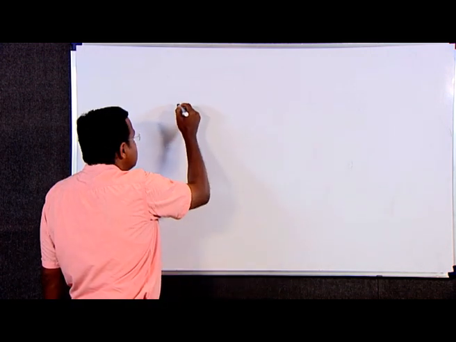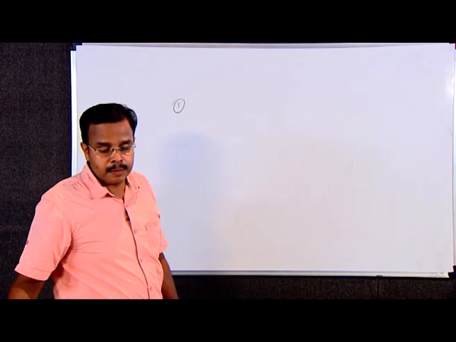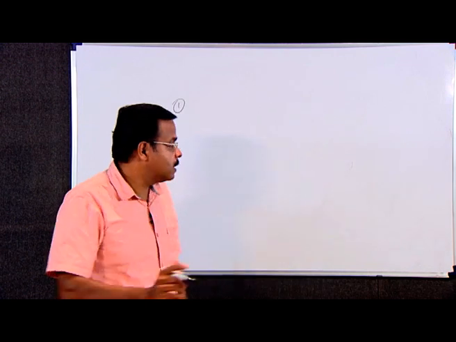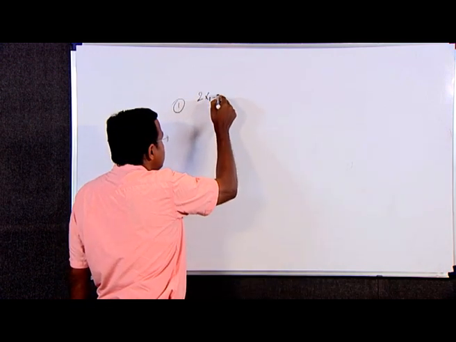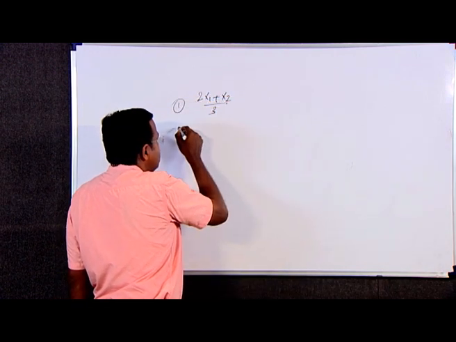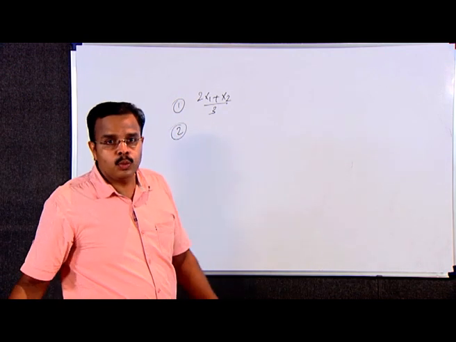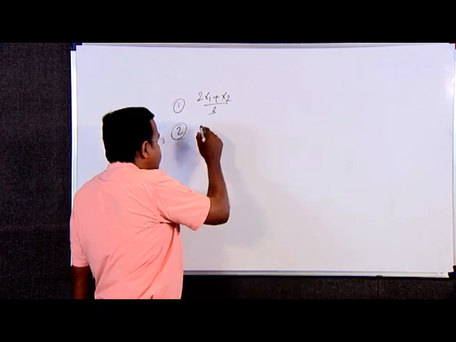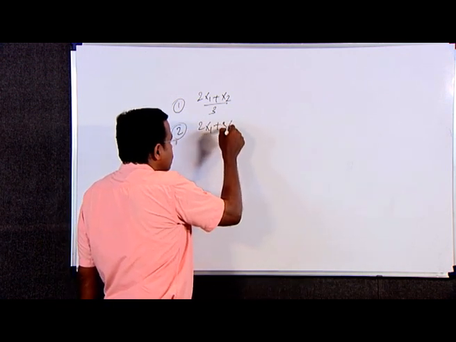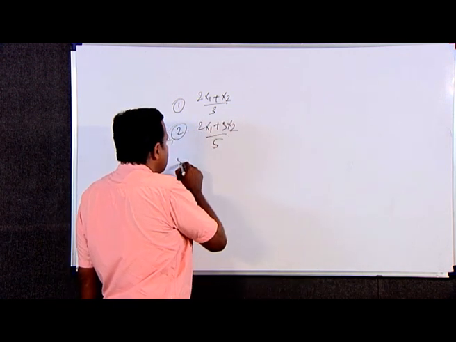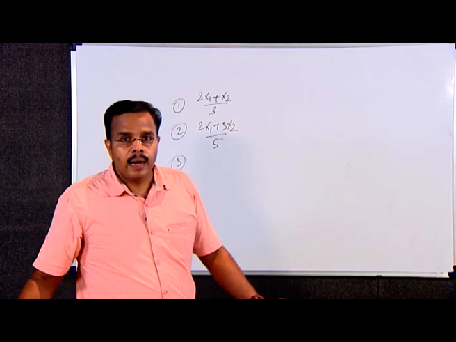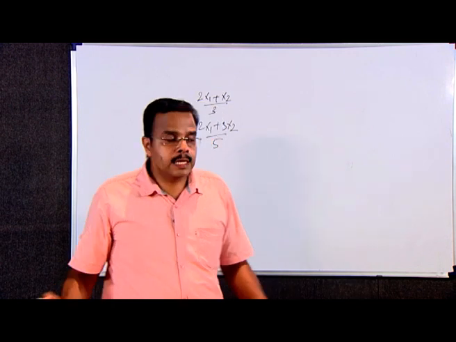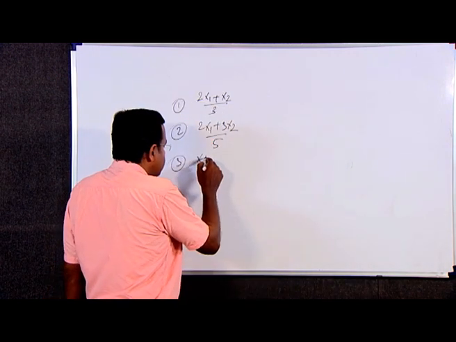The estimators considered are: number 1, 2x1 plus x2 all divided by 3. Number 2, 2x1 plus 3x2 all divided by 5. And number 3, x1 plus x2 plus x3 plus x4 all divided by 4.